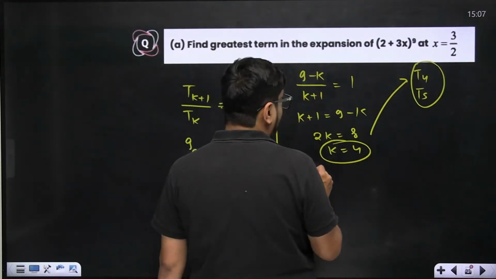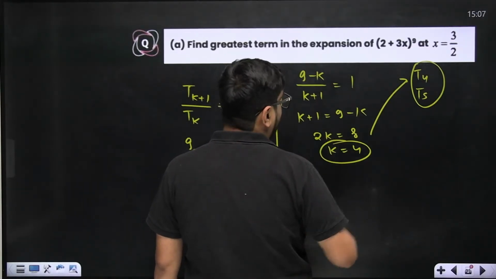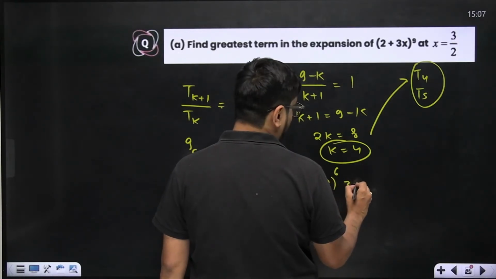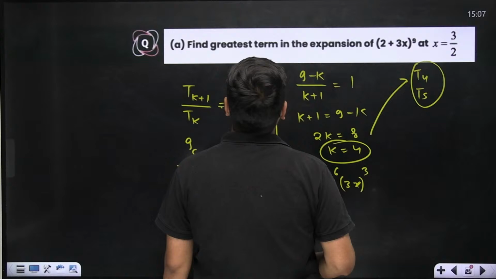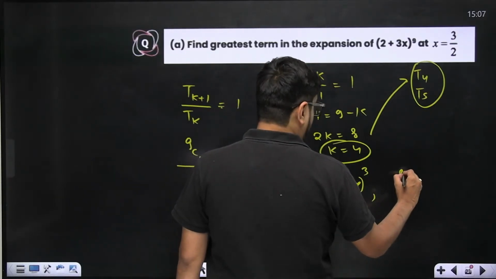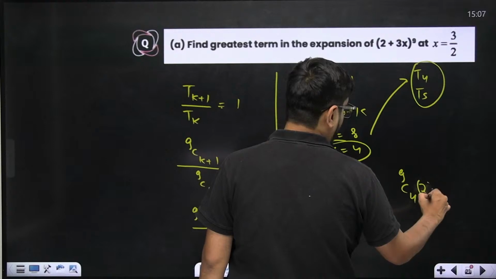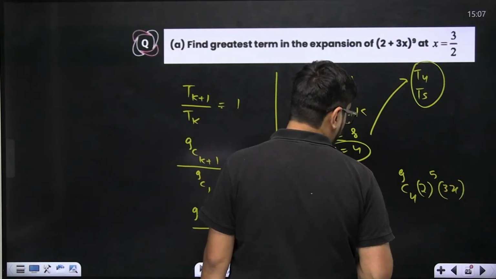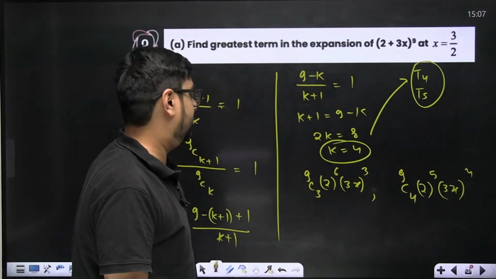What is T4? T4 will be 9C3, correct? 2 to the power 6 into 3x to the power of 3. This will be your T4. And this will be same as T5 also, 9C4, 2 to the power of 5, 3x to the power of 4, and at x equal to 3 by 2 you have to find.